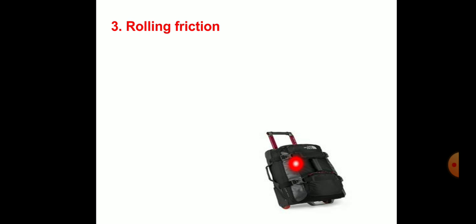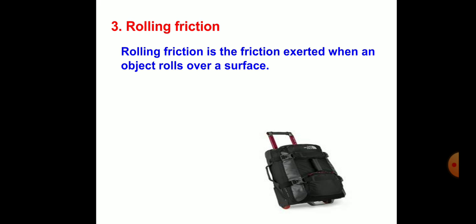When this object is rolling over a surface, the frictional force is exerted by the surface on the rollers. So this friction is called rolling friction. Rolling friction can be defined as the friction exerted when an object rolls over a surface. Okay, so this is the definition for rolling friction.